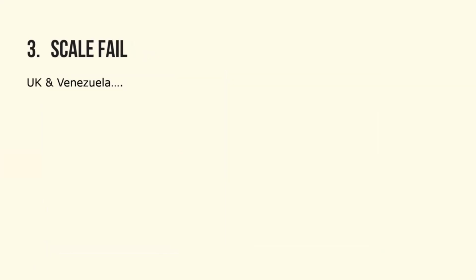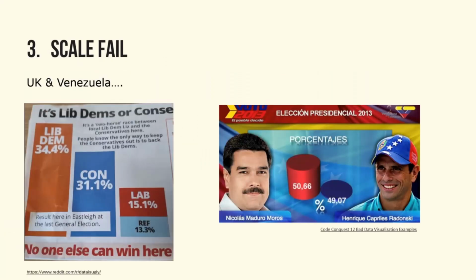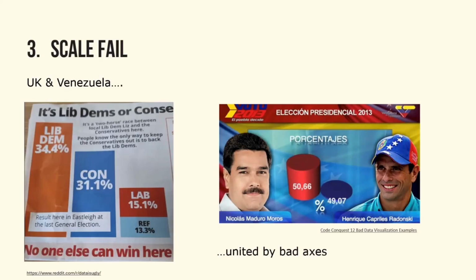Next, we have scale fail. When I say UK and Venezuela, can you think of anything? Well, in this case, they are united by bad axes. And again, politics: on the left side is a newspaper from the UK, and on the right side is the presidential election in Venezuela in 2013. You can see here that the scale does not represent the actual numerical value.